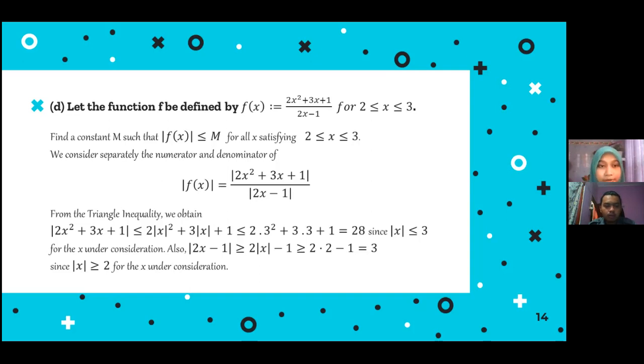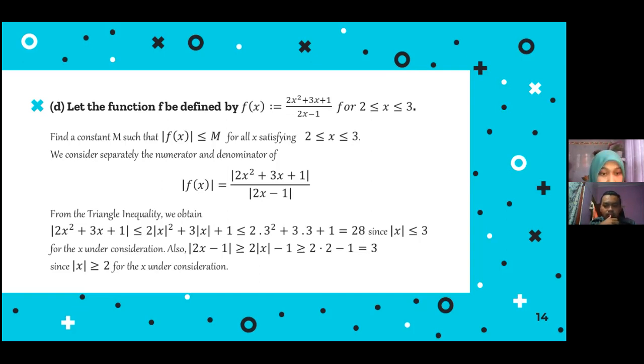We consider separately the numerator and the denominator of the absolute value of f(x), which equals |2x² + 3x + 1| over |2x − 1|.